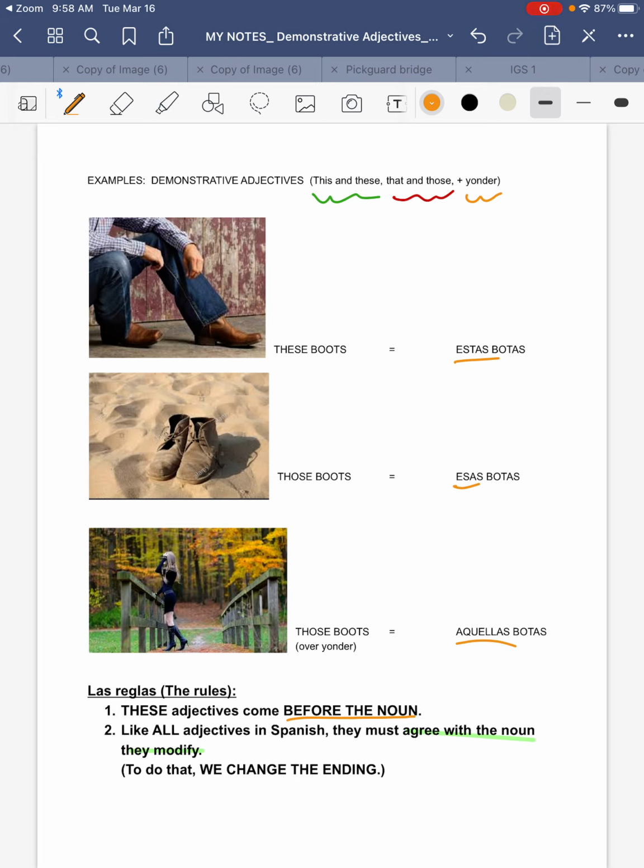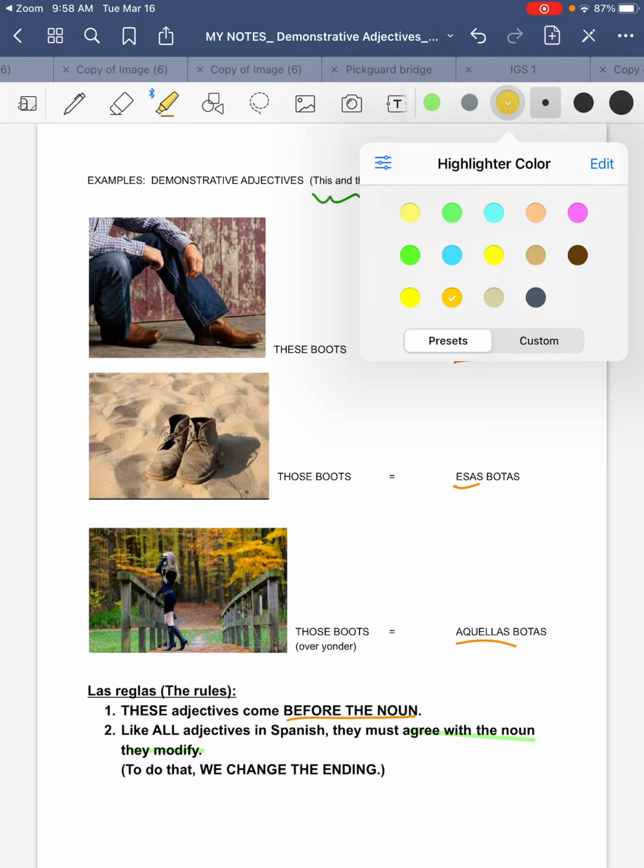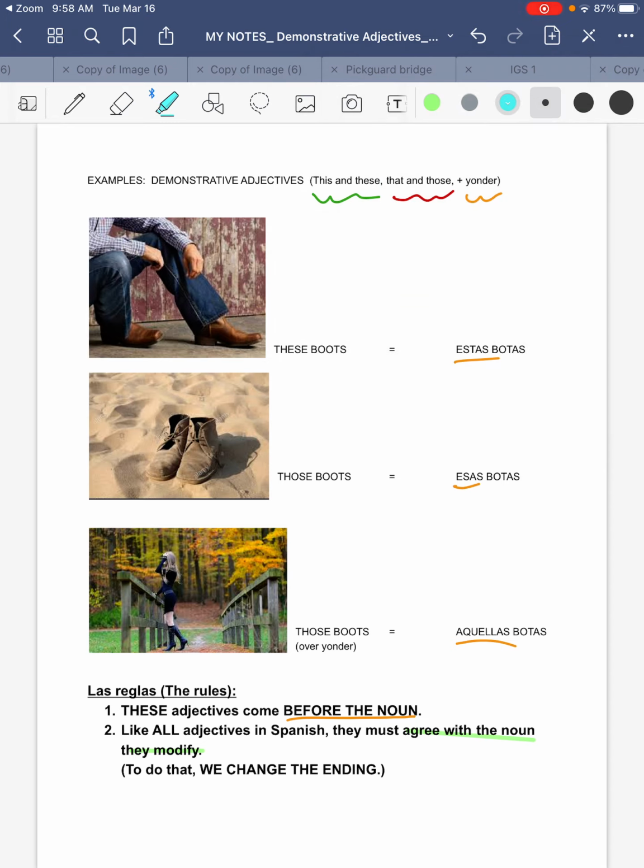Now, as we take a look at the nouns, we need to make sure that these adjectives agree with the nouns that they modify. We know how to do that. Change the endings. For each of these adjectives, we're going to see a little chart, and then we're going to explore the differences.